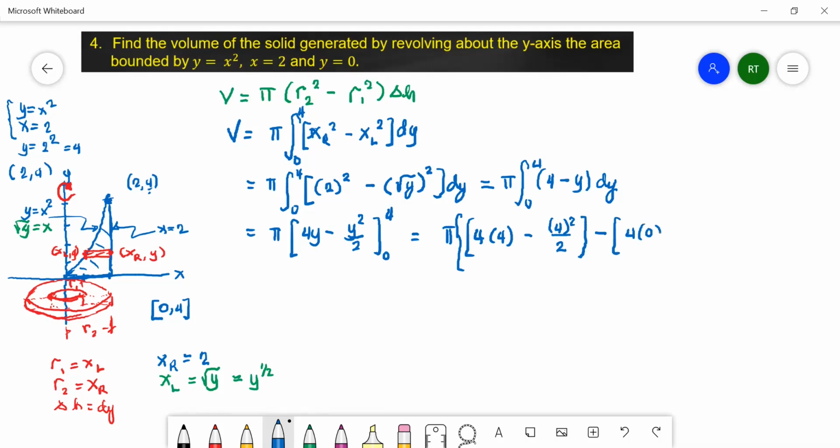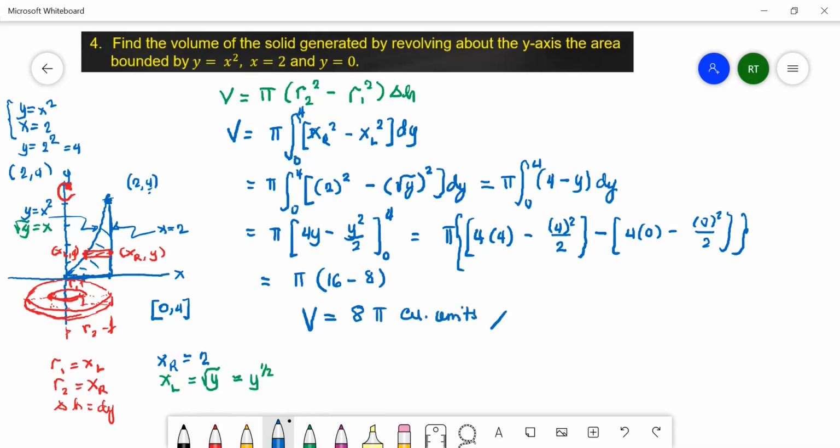So that gives us 4 times 0 minus 0 raised to the second power over 2, which of course will give us 0. Hence, the volume is equal to pi times the quantity 16 minus 16 over 2, that gives us 8. Therefore, volume is equal to 8 pi cubic units.